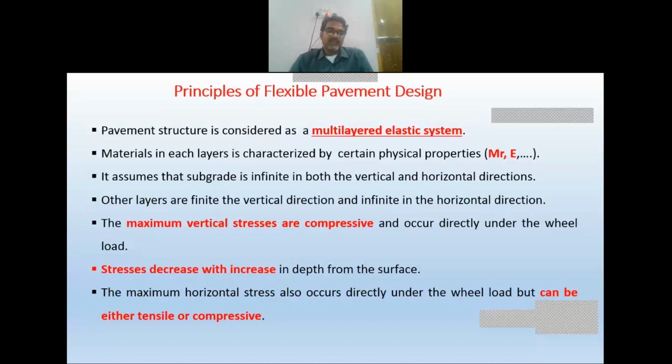And the other layers which are laid over the subgrade are finite in the vertical direction but infinite in the horizontal direction. Now, we assume the maximum vertical stress occurs directly under the wheel load. The nature is compressive. The stress intensity will decrease with increase in depth. The maximum horizontal stress occurs directly under the wheel load, but it may be tensile or compressive in nature.